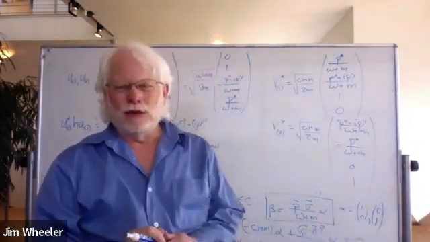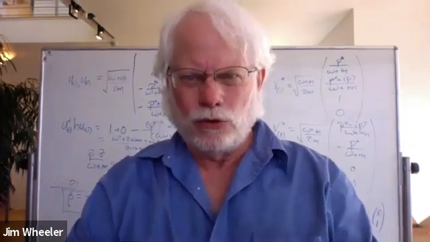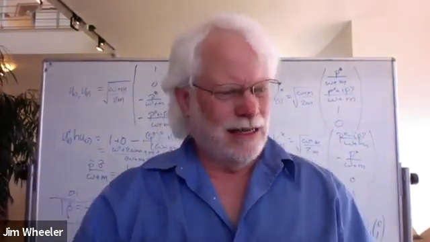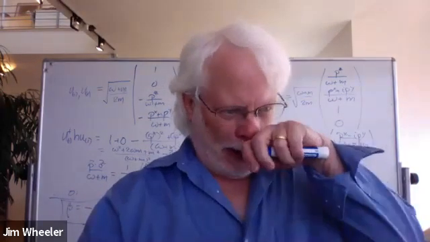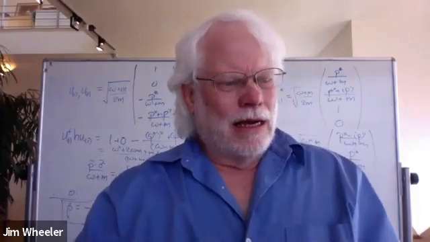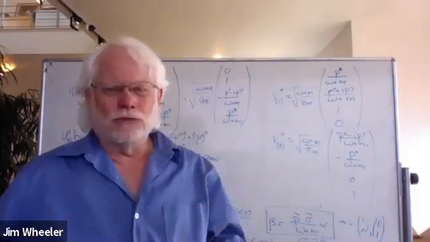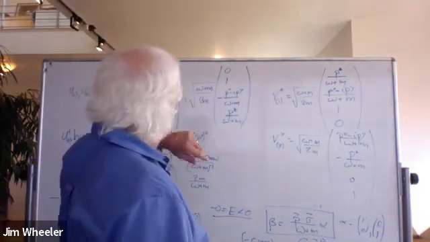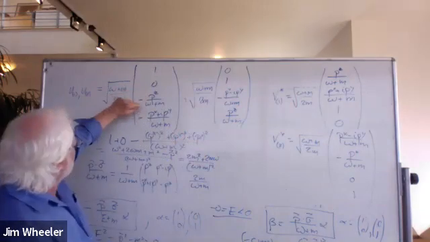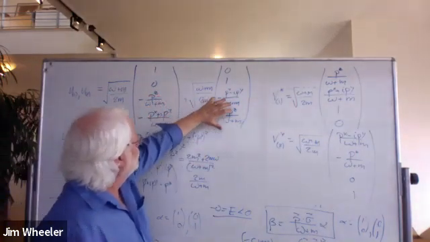Now let me point out something that we will prove shortly that is a little surprising, but we need to do that. All right, suppose the particle is at rest. Then p is 0, so these two terms are 0.